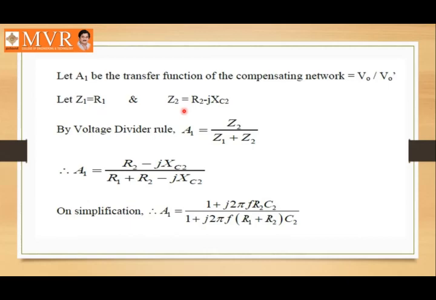By solving that equation with the voltage division rule, we can write the gain A1 is equal to Z2 by Z1 plus Z2. This is the overall gain of our circuit, which is given by R2 minus jXC2 divided by R1 plus R2 minus jXC2.